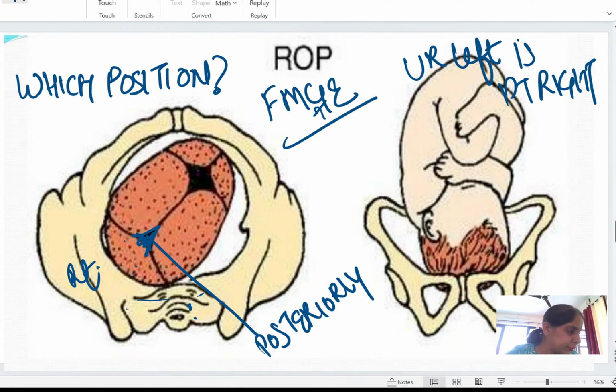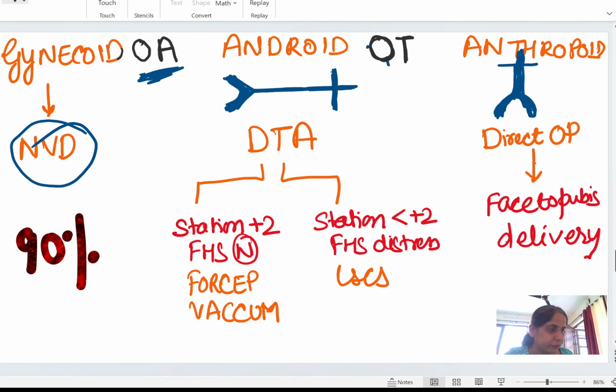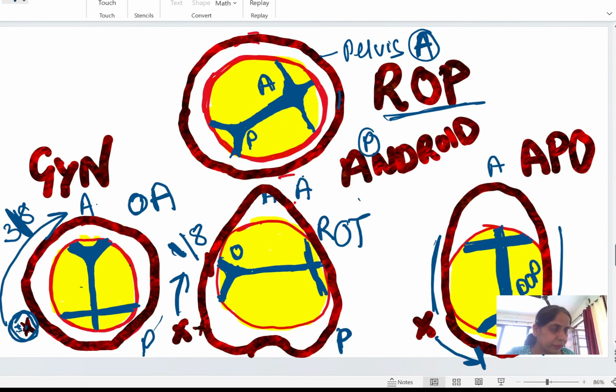Is it okay? Now see here. This is right occipito-posterior position.